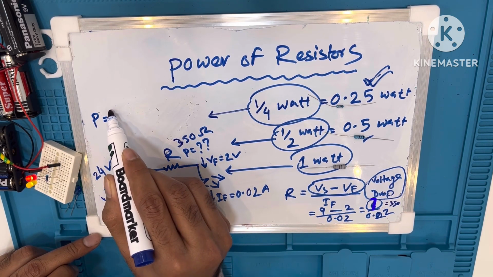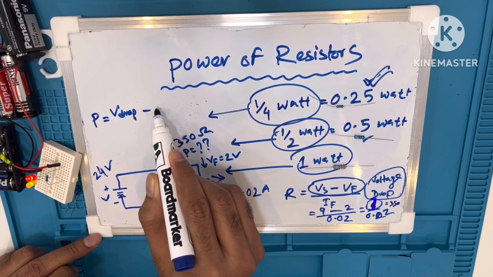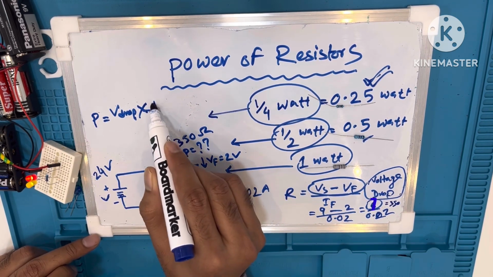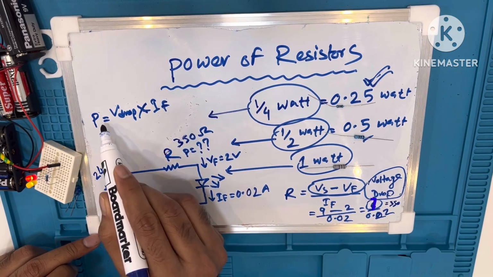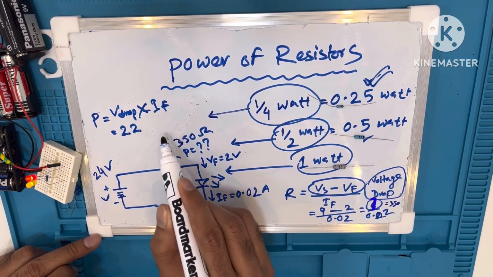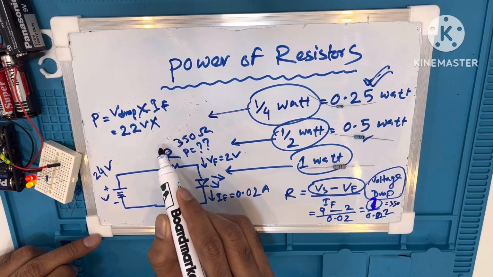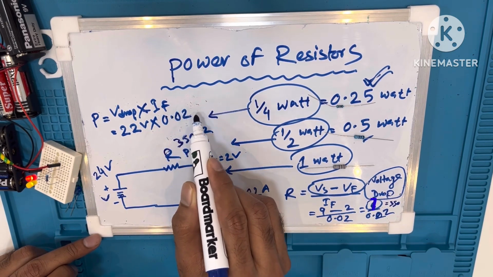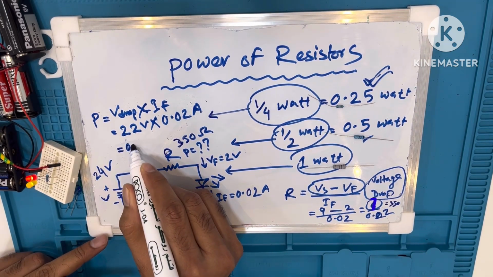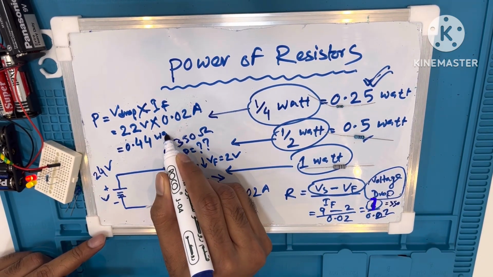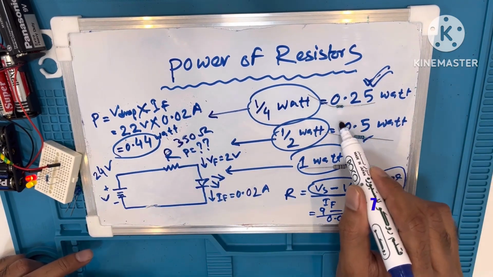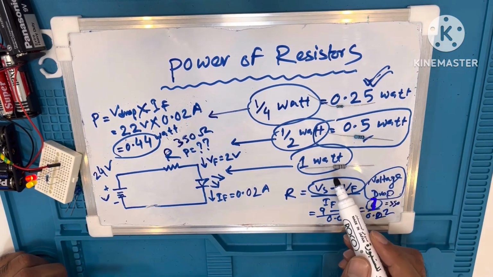The same equation: power equals voltage drop multiplied by forward current. Now the voltage drop will be the difference between source voltage and the forward voltage, which is 22 volts, and the forward current will remain the same. And the result comes to 0.44 watt. So we should use a 0.5 watt resistor to make our circuit safe.